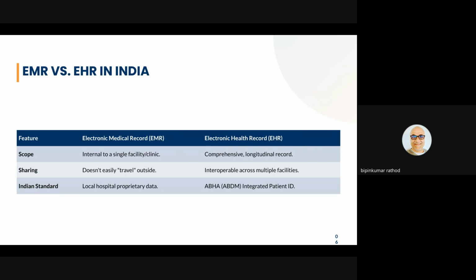You need to ask the following questions: scope, sharing, and which Indian standards is this EHR or EMR following? So here you see EHR is a longitudinal record. You need to remember this word. EHR is always a combination of a few EMR records.